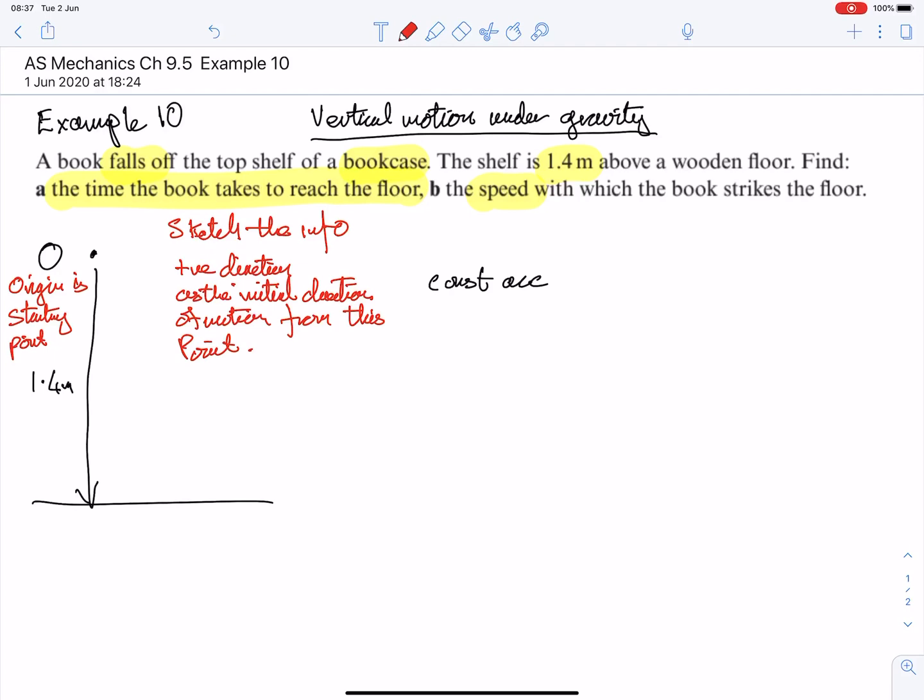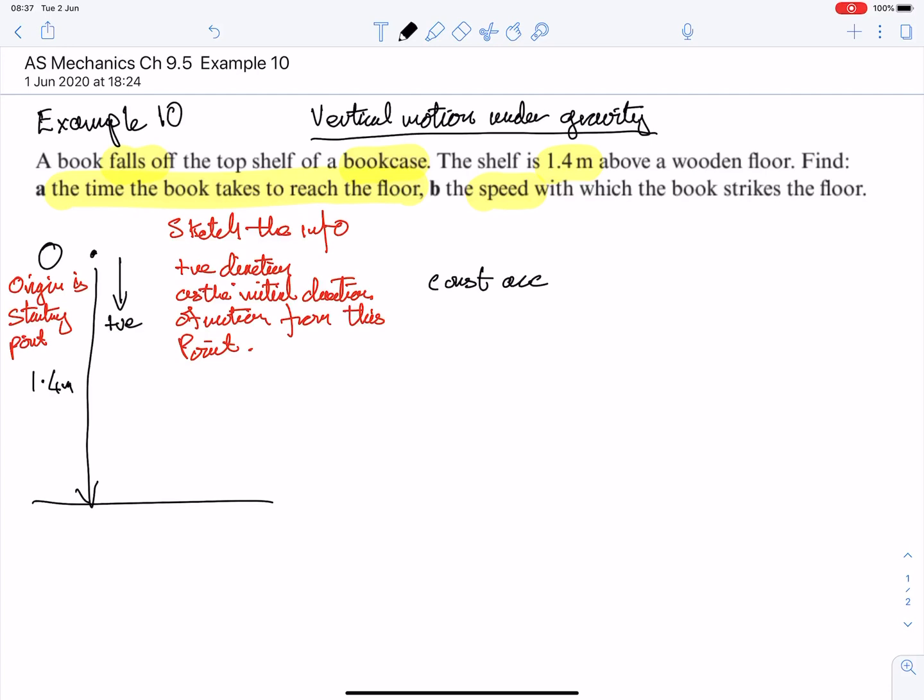The key thing is to keep consistent with your positive all the way. So the direction of increasing x tends to be the positive direction, or should be the positive direction. So here we are going to take down as positive.